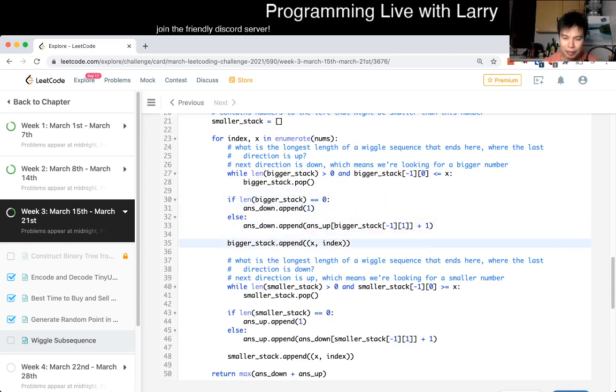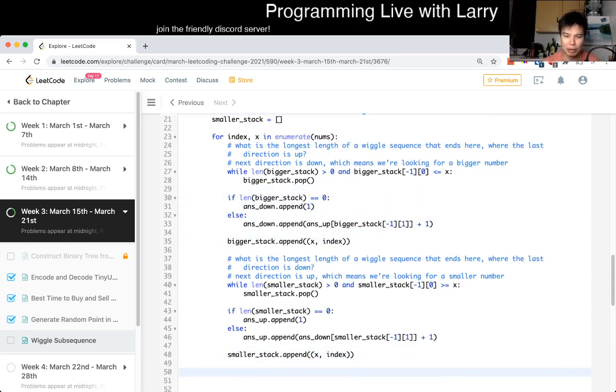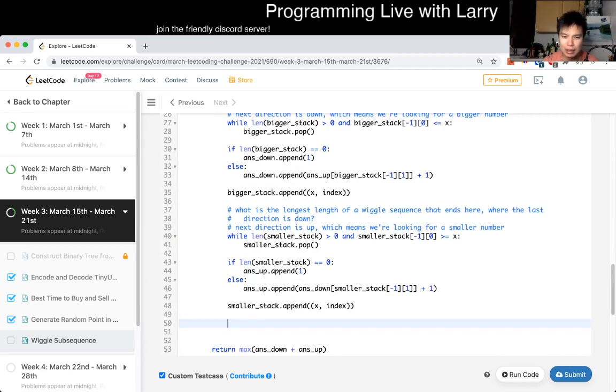But I want to just print out real quick. Print, let's see, x and... this is terrible. Let's call it, I don't know, item, for item in stack.